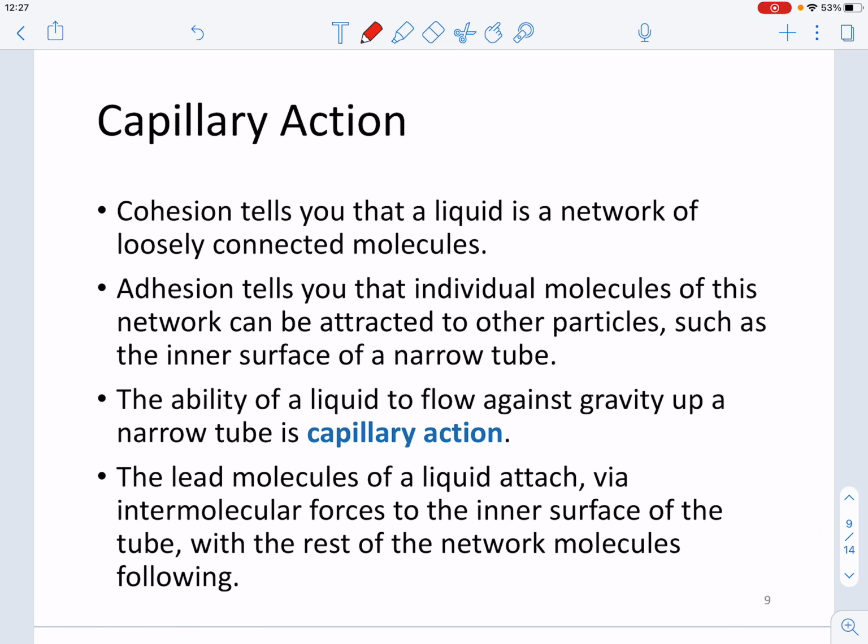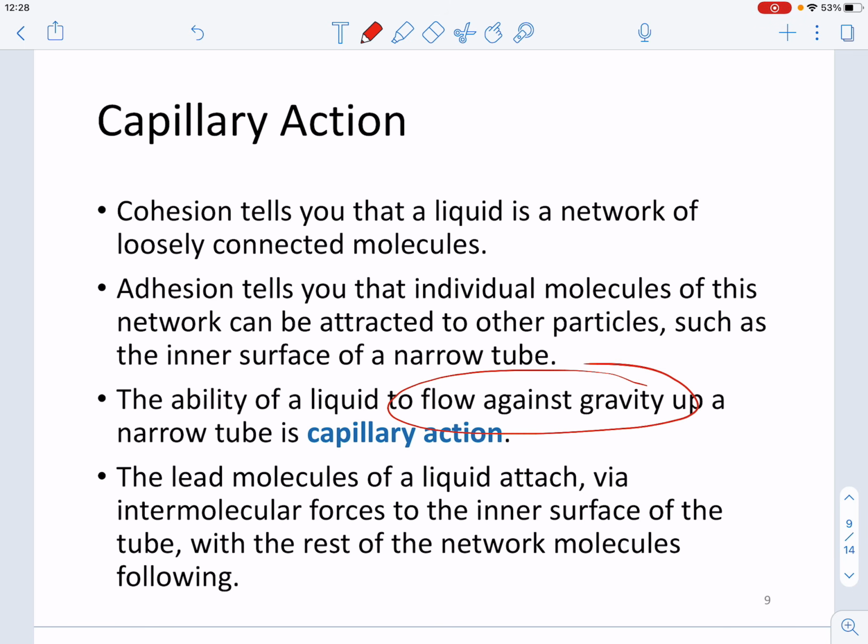But liquids have the particular characteristic that if they are flowing through a very narrow tube, a very narrow pipe, so to speak, they can do that against gravity. And the reason for that is because of these intermolecular forces. So capillary action basically is the ability of the liquid to flow against gravity.